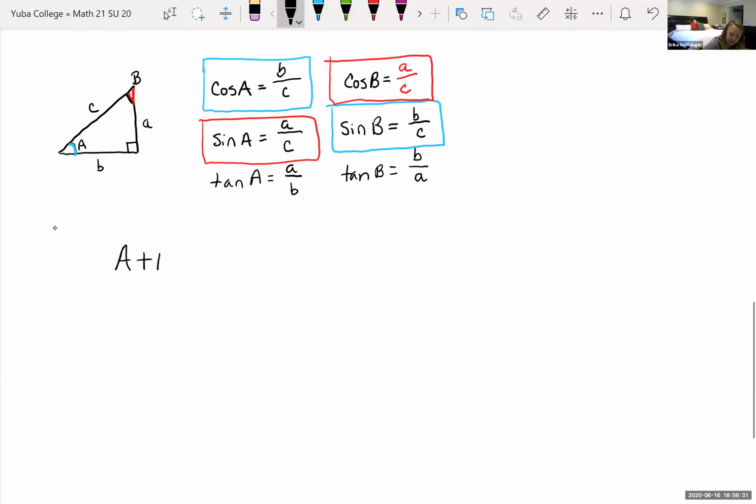Angle A plus angle B has to sum to 90 degrees, right? Because all three angles of a triangle have to sum to 180. So I could rewrite angle A in terms of angle B. Angle A is the same thing as 90 degrees, subtracting angle B on both sides, minus angle B.